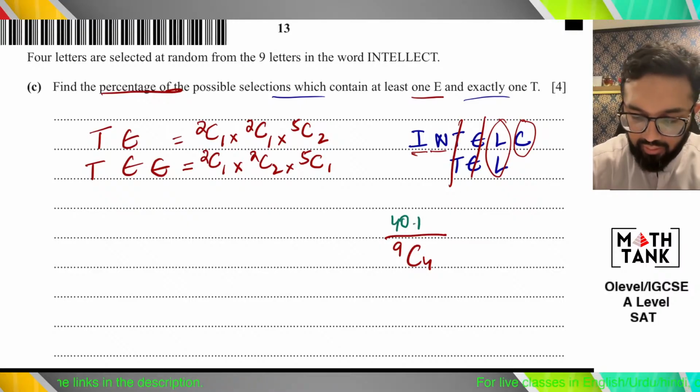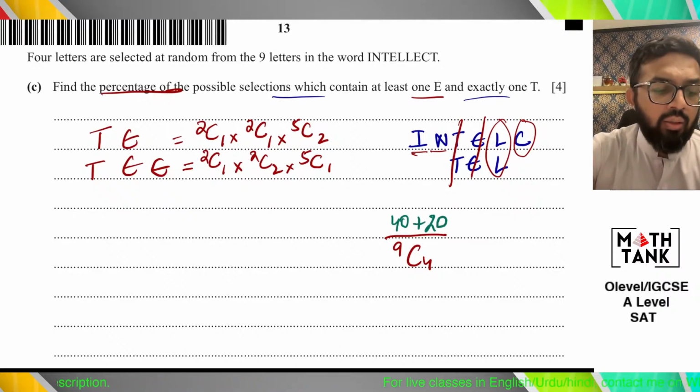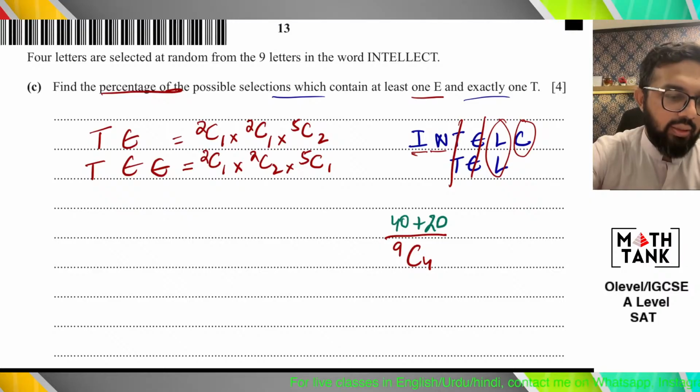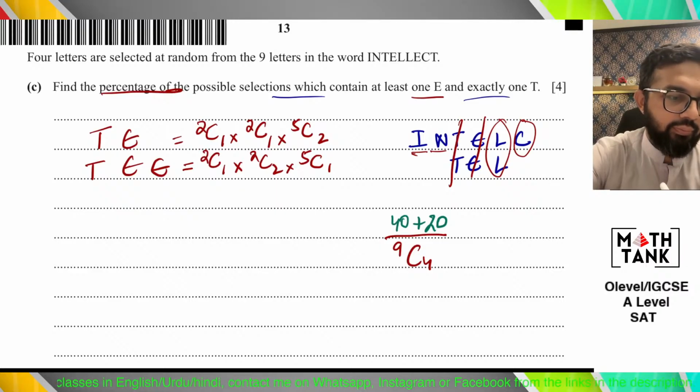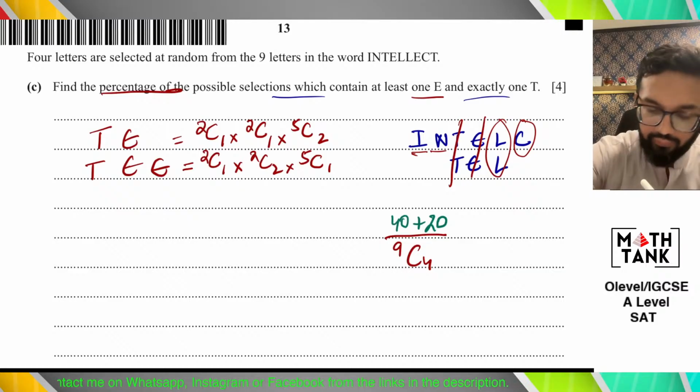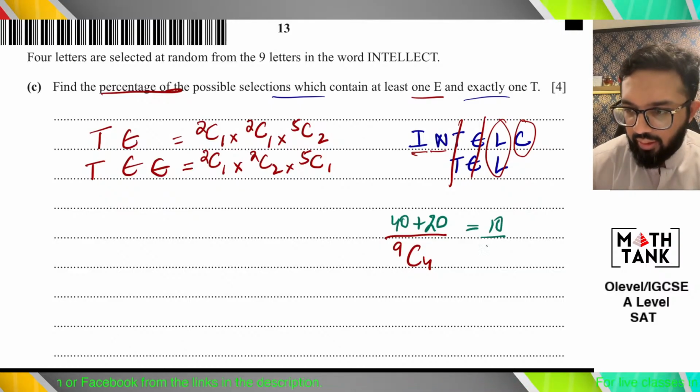Okay. Now multiply 60 divided by 9C4, 10/21.